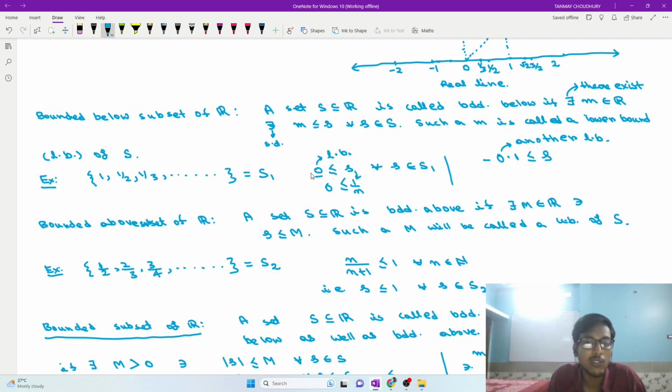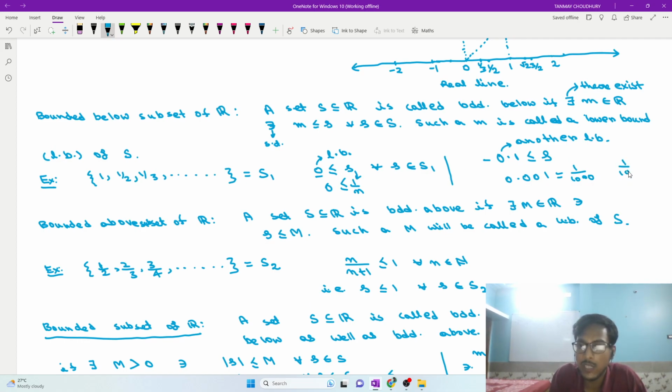So I think you are not getting any answer, right? Because anything which is lower than 0, if you think greater than 0, if you think say 0.001. Now see, this will not work as a lower bound. Why? Because its value is nothing but 1 by 1000, but there is 1 by 1000 on in the set.